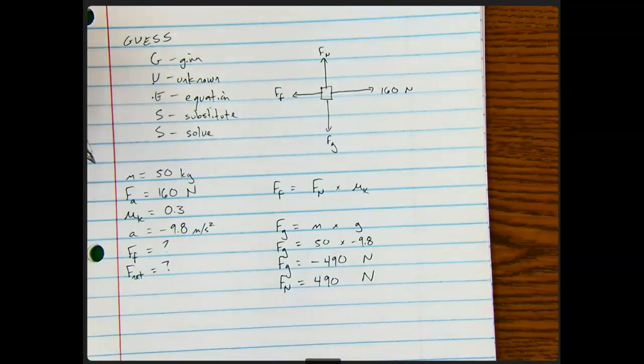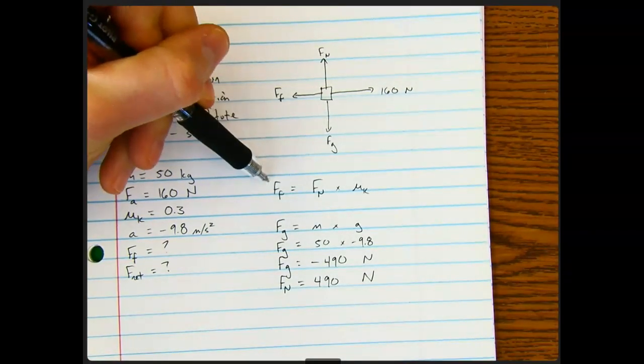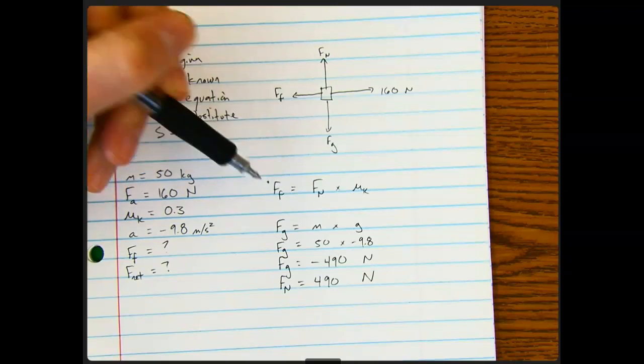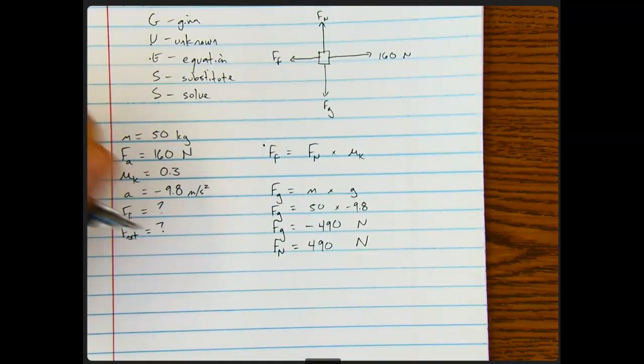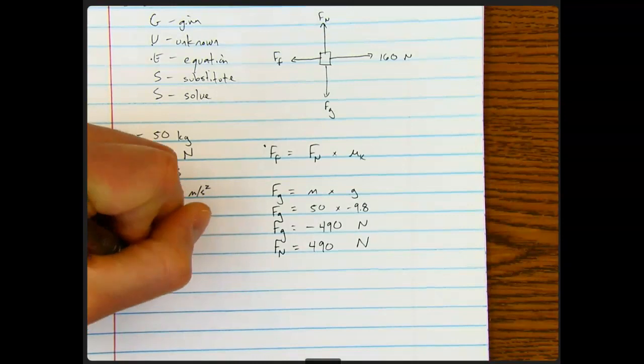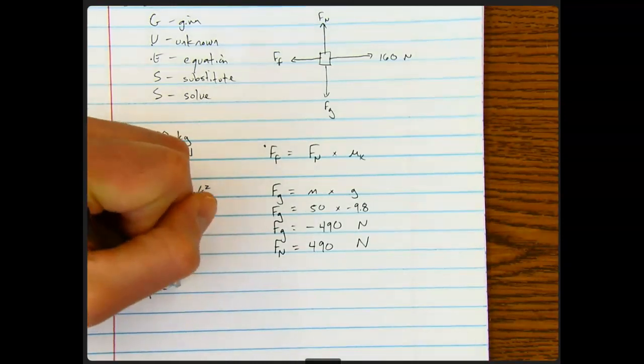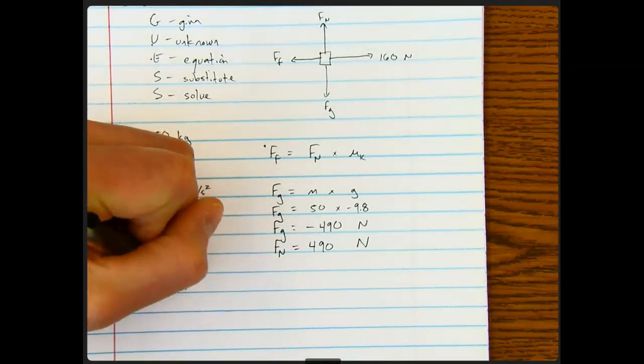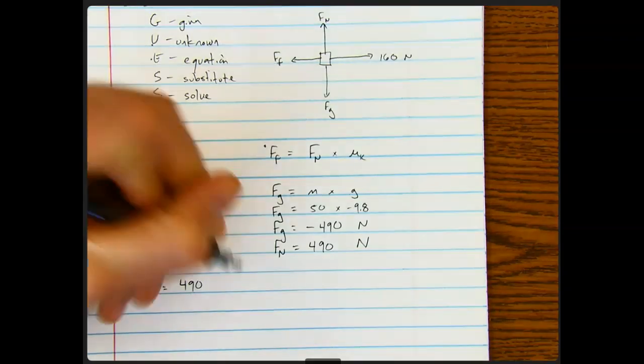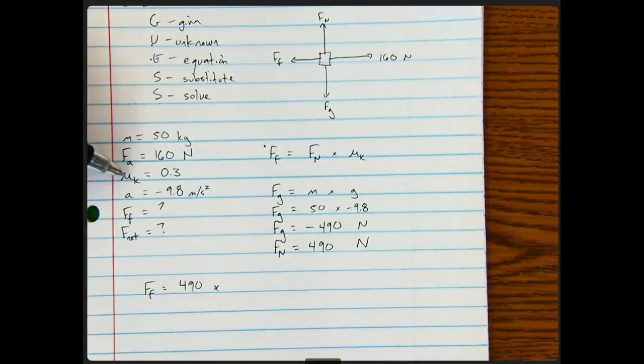All right, so now I can come back to the original equation that I wrote down. Now I can actually solve this one because I have those two numbers. The force of friction is equal to my normal force of 490 times the coefficient of friction, which is 0.3.